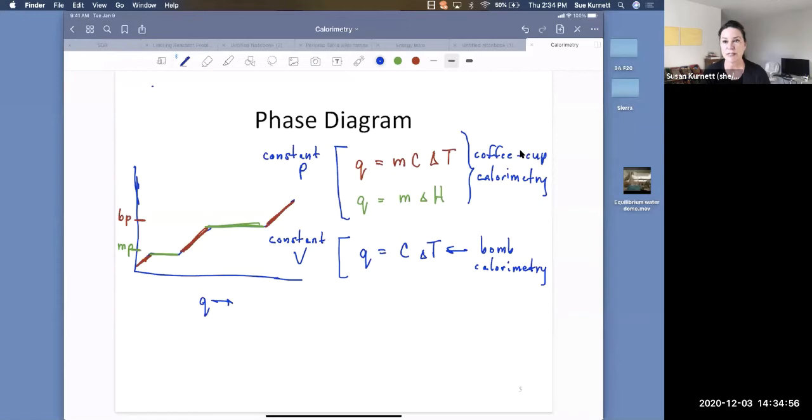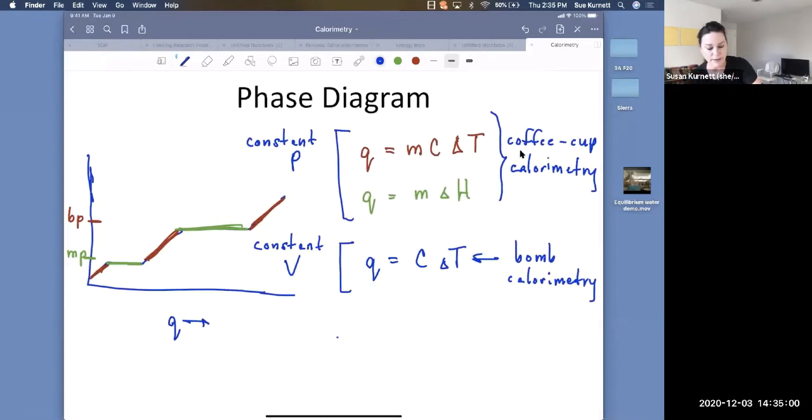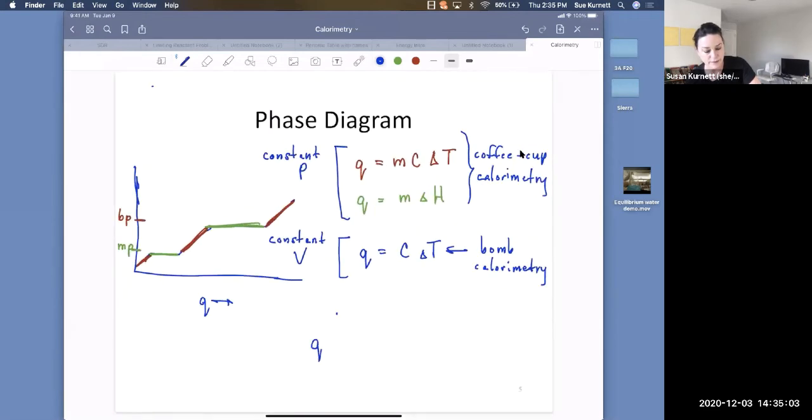Okay, so what does Q stand for? Heat transferred. If Q is positive, that process is endothermic. Heat is being put in. If Q is negative, that process is exothermic. Heat is coming out.